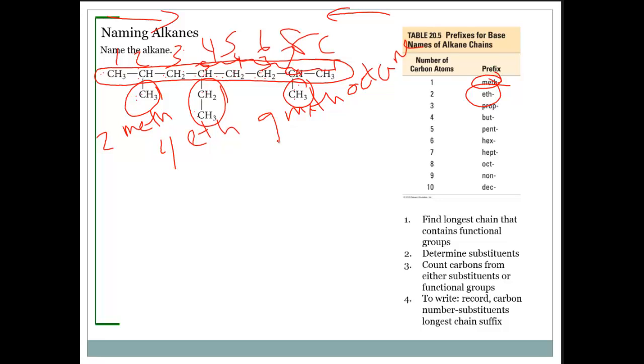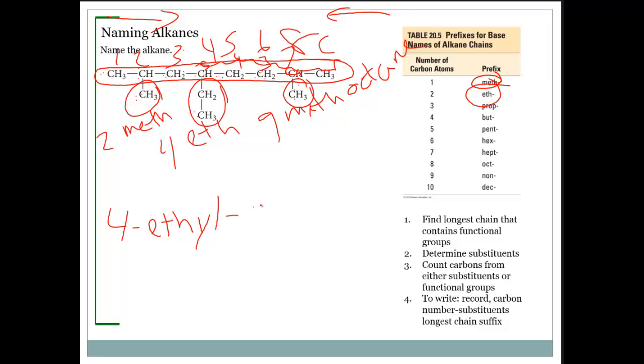From here, I'm going to put it in alphabetical order. So alphabetically, eth comes before meth. So 4-ethyl. I have 2 methyl groups, so I have 2 and 7. So 2,7.